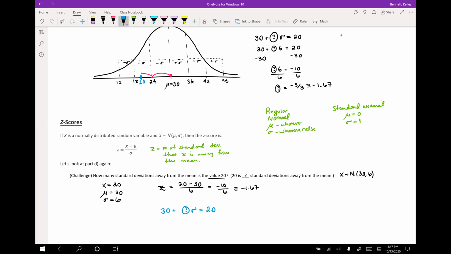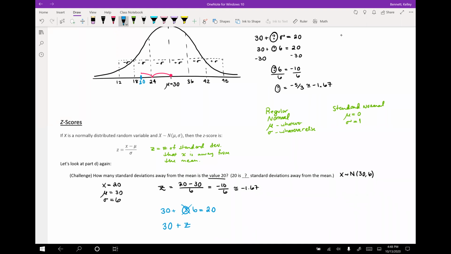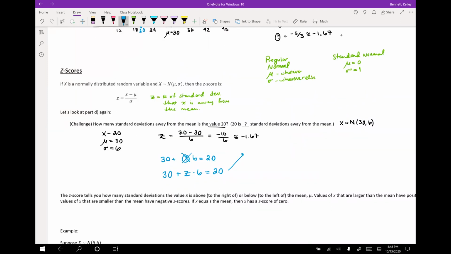Here I'm telling you that Z is the number of standard deviations, so let's replace this with Z. If I wanted to solve this for Z, I would do 6 times Z equals 20 minus 30.